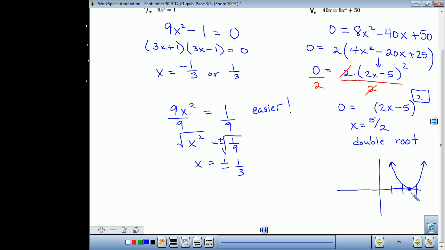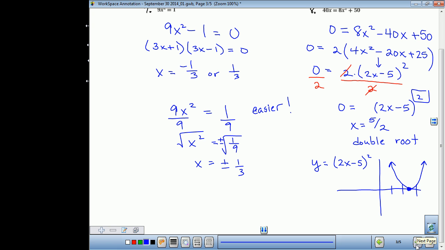If we thought of this as y equals 2x minus 5 squared, whether we come out from the left or the right, we're right there. And we have one 0, and we call it a double root. This is a double root for this equation, and it ends up being the one 0, which is the vertex.